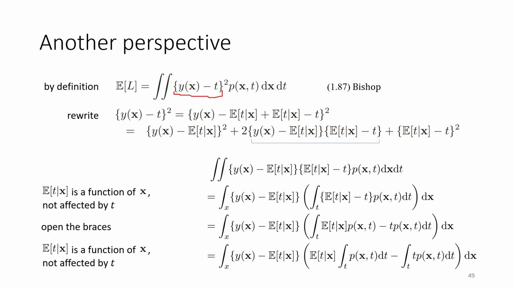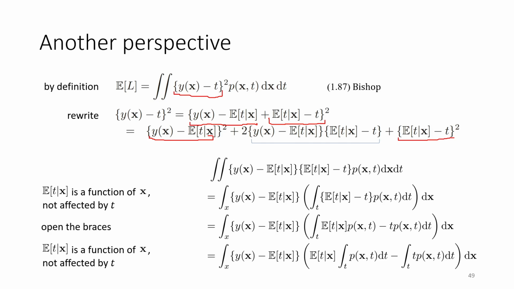It will be the first term square, plus the product of the first term and the second term, and plus the square of the second term. So if we do the double integral for this equation, then we will get this one.